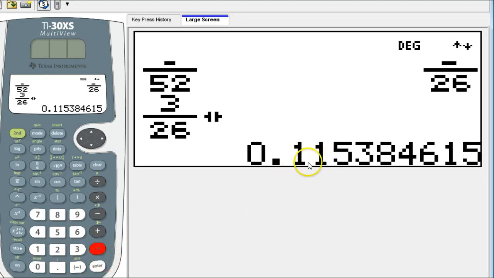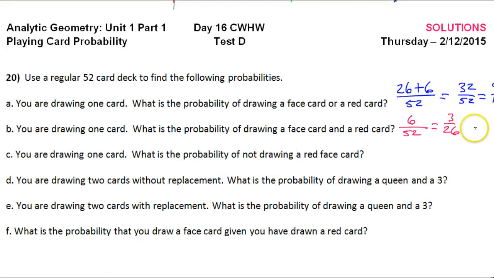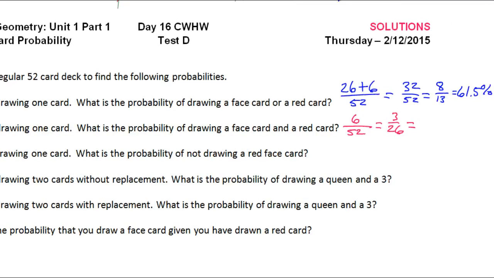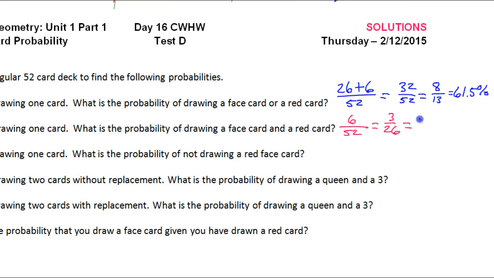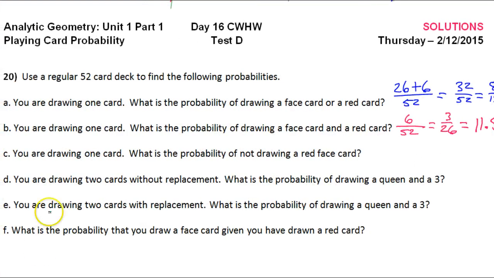Move the decimal twice, that's 11.5%. Okay, that's how we would do B.